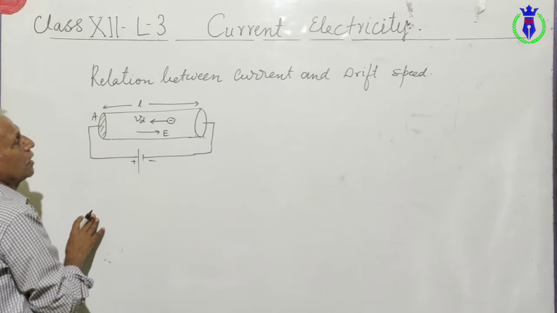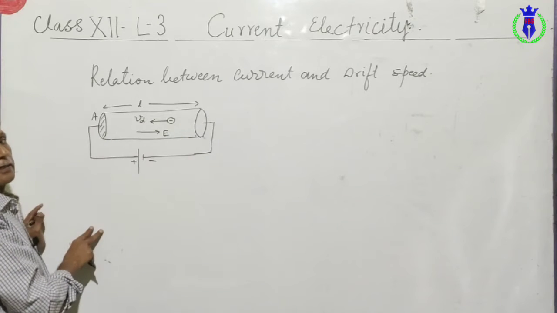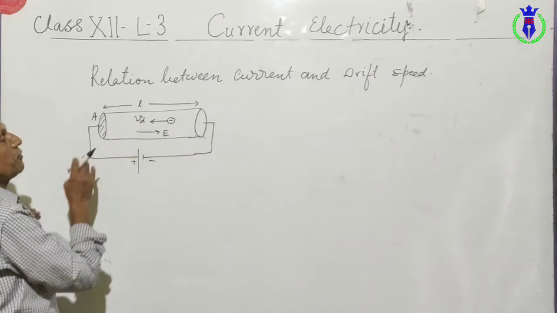This is drift velocity. Now we have to find out the relation between the current flowing in the conductor and the drift velocity or drift speed.